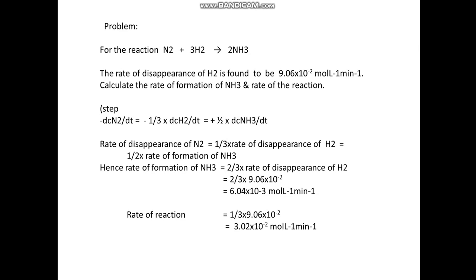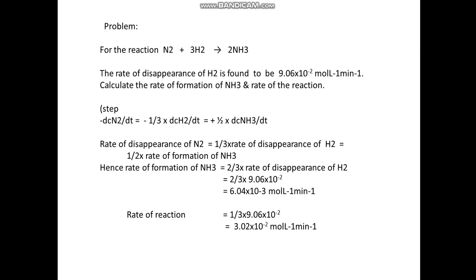For this reaction, the rate of disappearance of hydrogen is found to be 9.06 into 10 raised to minus 2 mole liter raised to minus 1 minute inverse. Calculate the rate of formation of ammonia and the rate of the reaction. So, you are given a typical example as the problem to distinguish between the rate of formation, the rate of the reaction and the rate of disappearance.